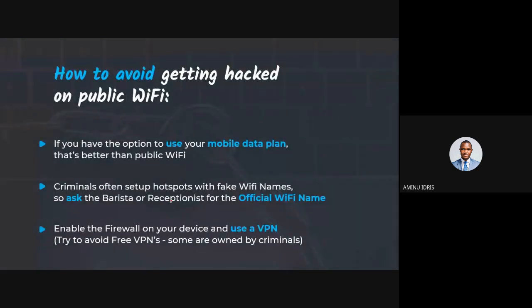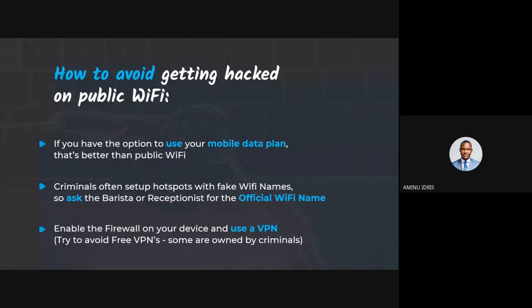Coming to public Wi-Fi, like I said, please, if you see a public Wi-Fi, don't just connect to it because it is free. If you have the option to use a mobile data plan, that is better than public Wi-Fi. Criminals often set up a fake Wi-Fi name.